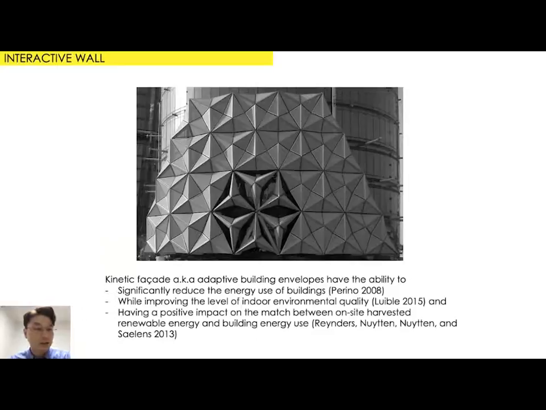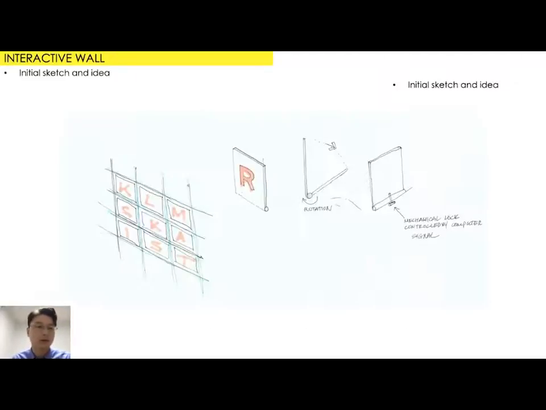Kinetic facades, also known as adaptive building envelopes, have the ability to significantly reduce the energy use of buildings while improving indoor environmental quality and having a positive impact on the match between on-site harvested renewable energy and building energy use. So it could reduce building energy, and indoor environment quality could be improved by using this.